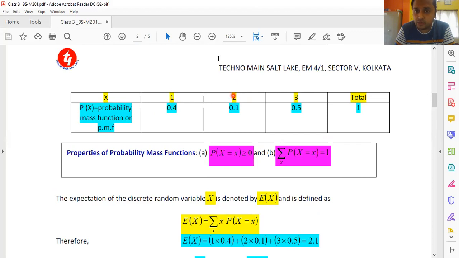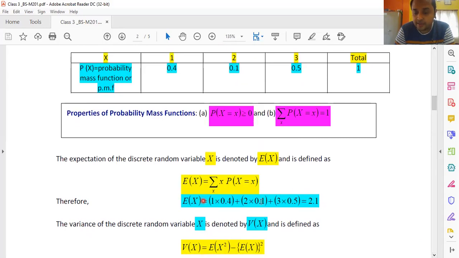The second value is 2, and its probability is 0.1, so we shall multiply the value 2 by the probability 0.1. The third one is 3, and that will be multiplied by 0.5. If I do so, and add these products, I will get the expectation of the random variable as 2.1.